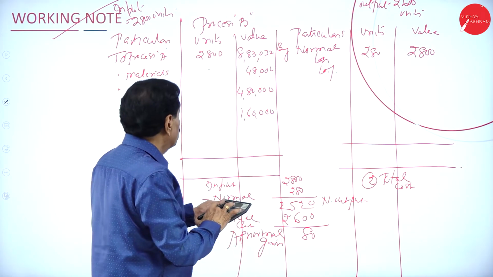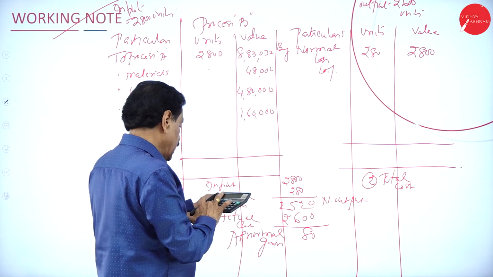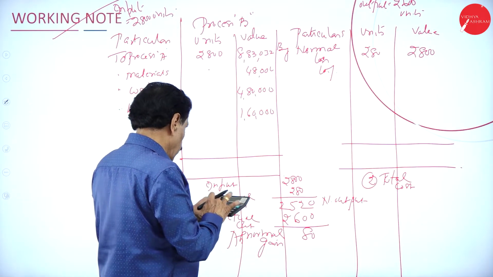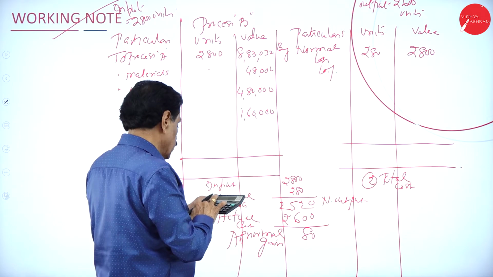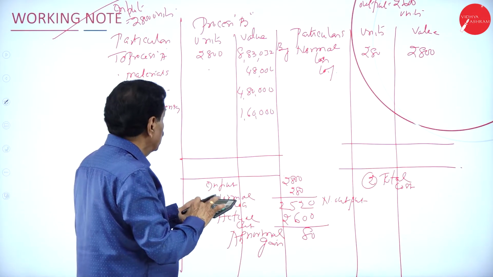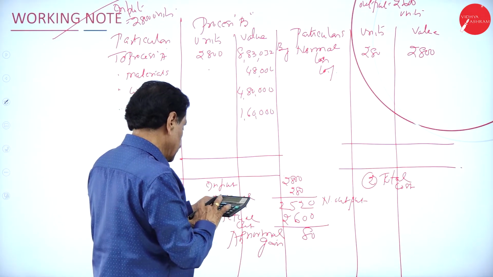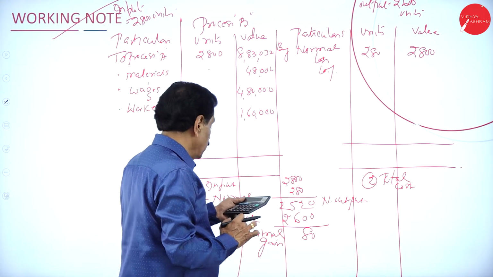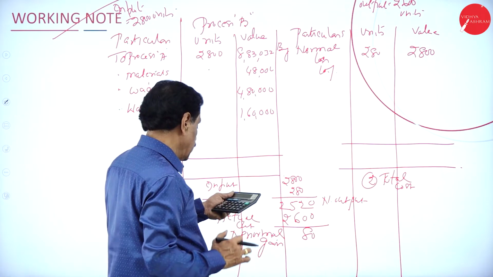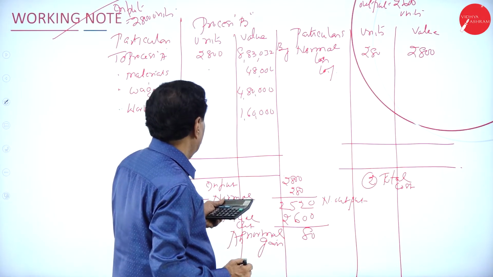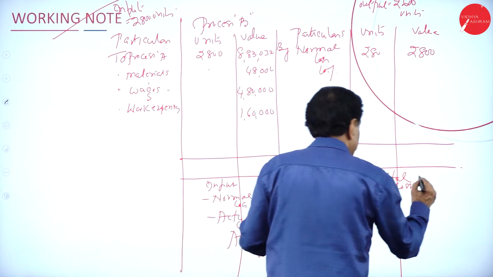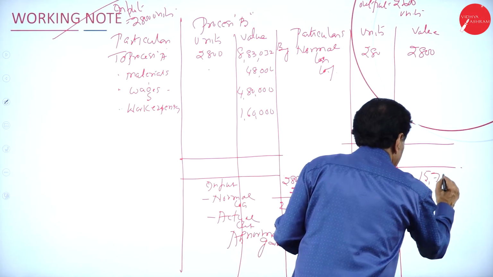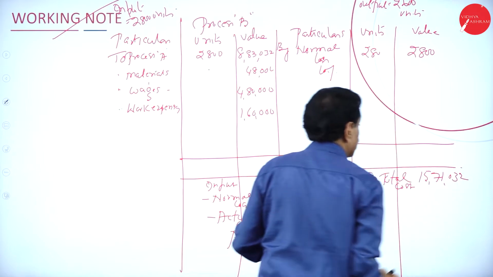If we add the figures, working out number 2, total cost: 8,83,032 plus 48,000 plus 4,80,000 plus 1,60,000 is equal to 15,71,032.